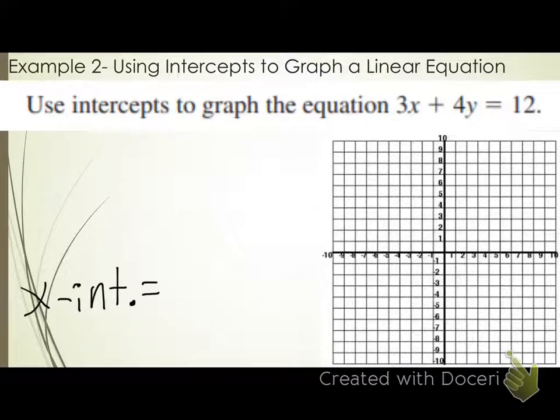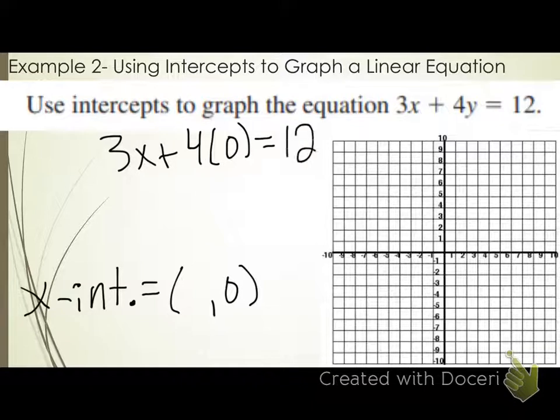So to find my x-intercept, I'm going to replace my y value with 0, and just solve my equation for x. 4 times 0 is 0. 3x plus 0 is 3x. To get x by itself, I divide both sides by 3.